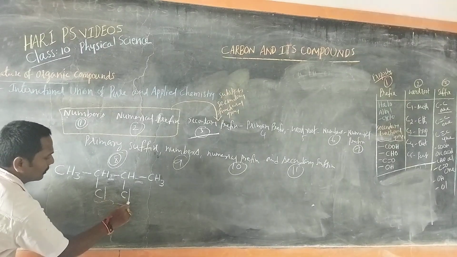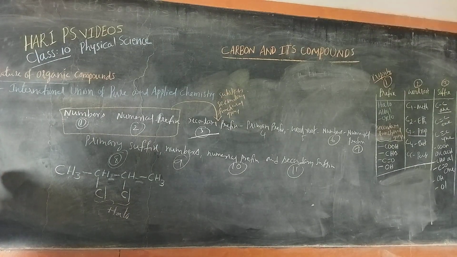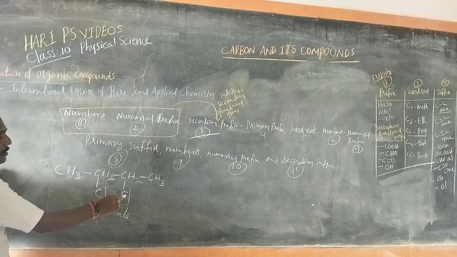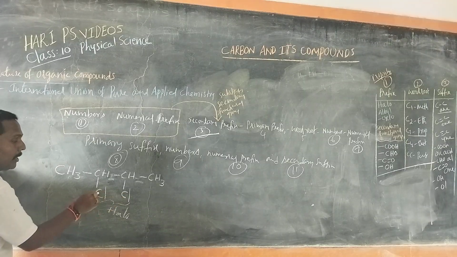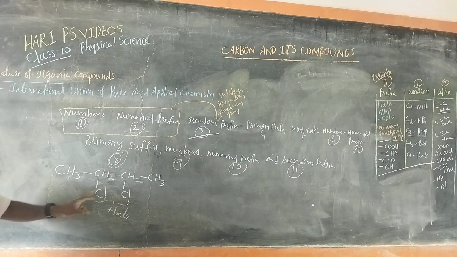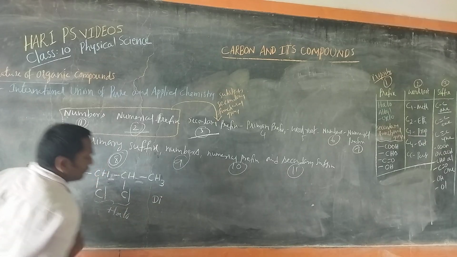Chlorine is nothing but halo. How many halo groups are there? 2. So for the numerical prefix, if it is 2 we can write di.